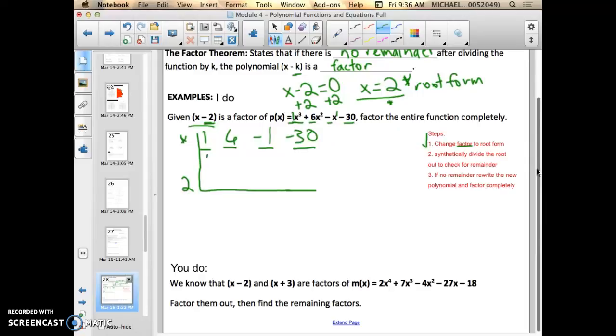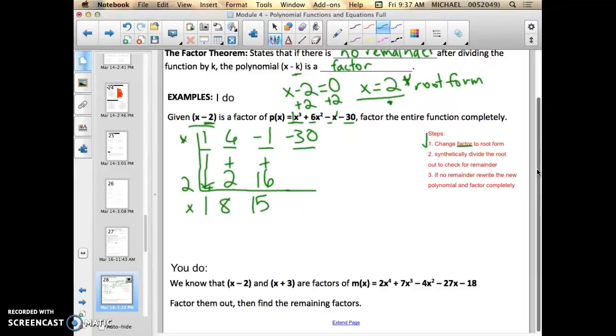First step, drop down the first term, 1. I multiply to the outside, add to the inside. So 2 times 1 is 2, and the answer goes right below the next number, 6. I add now: 6 plus 2 is 8. Then 2 times 8 is 16. Add in the middle: negative 1 plus 16 is 15.